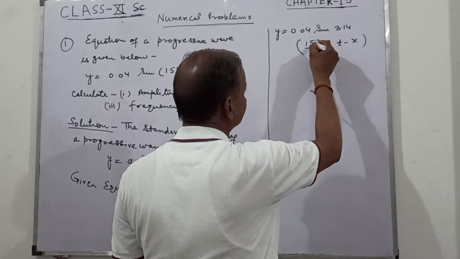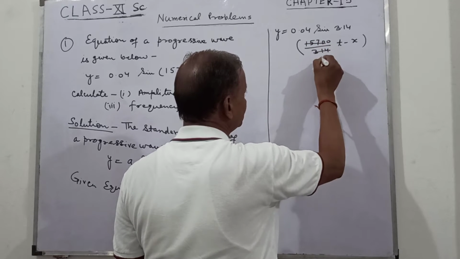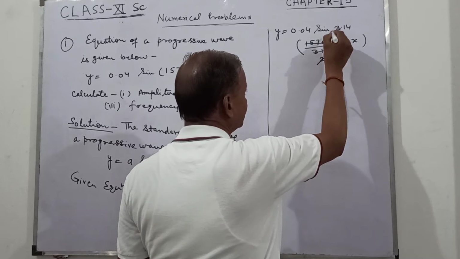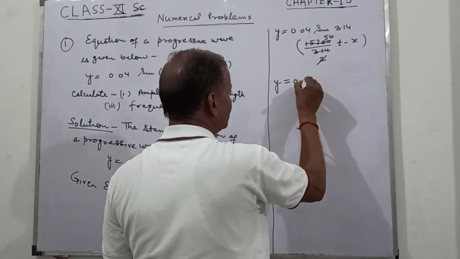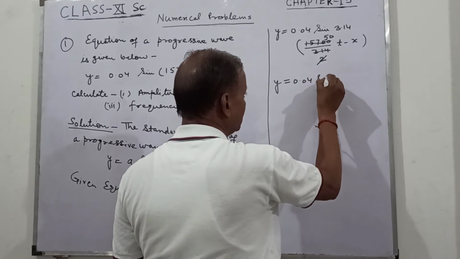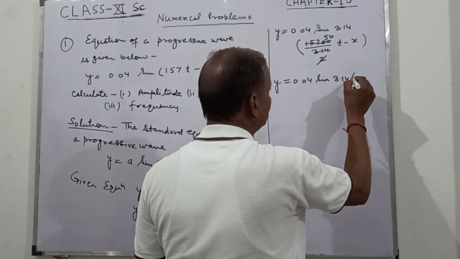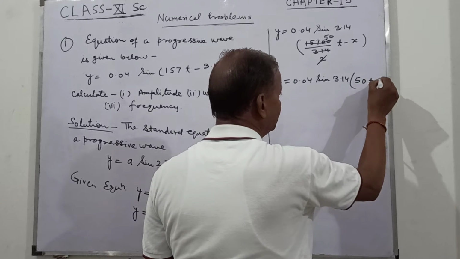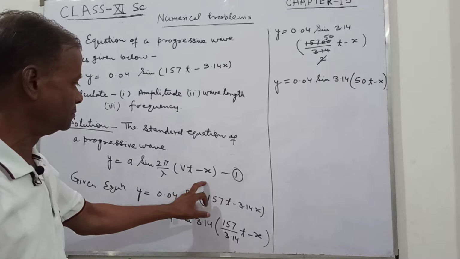This 2 cancels with this 2, and this is now 50. So y equal to 0.04 sine 3.14 into (50 t minus x). Now this equation is in the standard form.